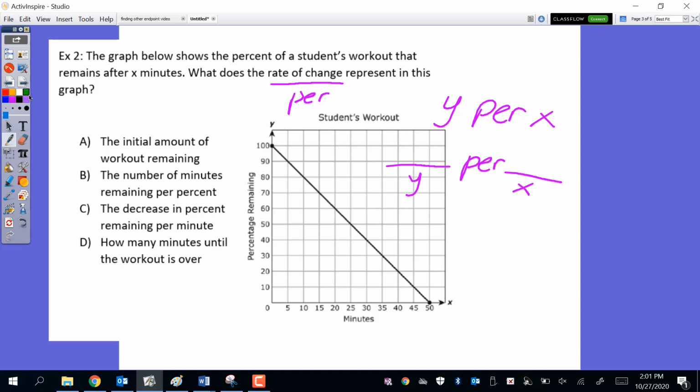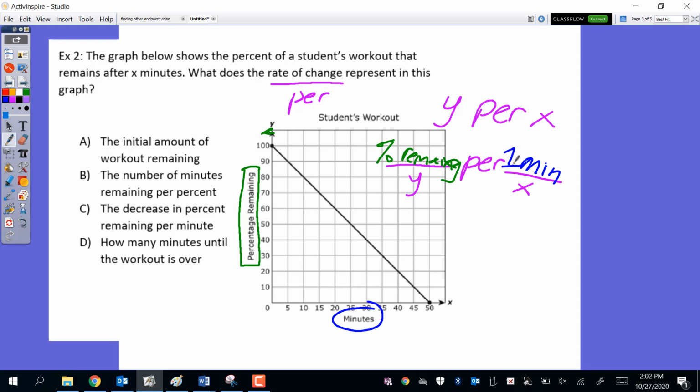Well, the label says percent remaining. Okay, so I'm going to put percent remaining. Per, well, what was on the x-axis? Down here, minutes. So I'm going to put per minute. And I'm going to put per 1 minute.